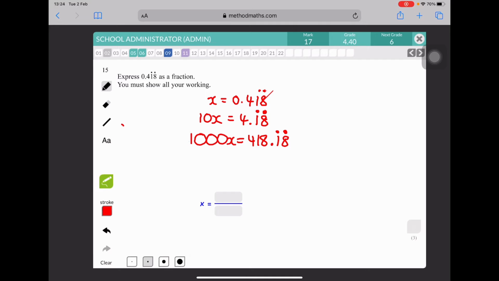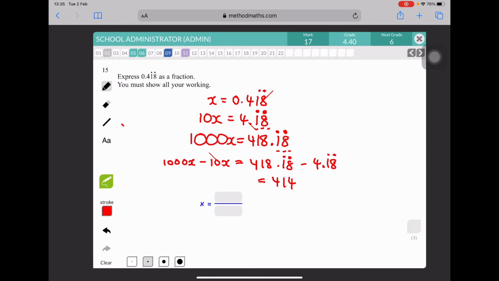So now let's do 1000x take away 10x, and the reason why I'm taking away these values is I want these recurring decimals to cancel out with one another. So 418.18 recurring take away 4.18 recurring gives us 414.